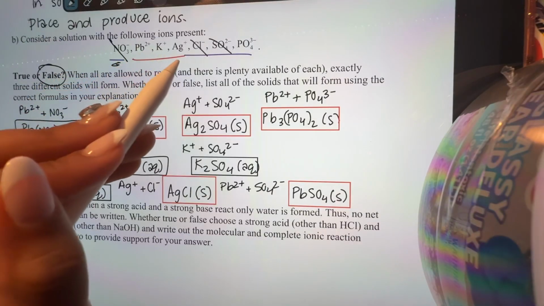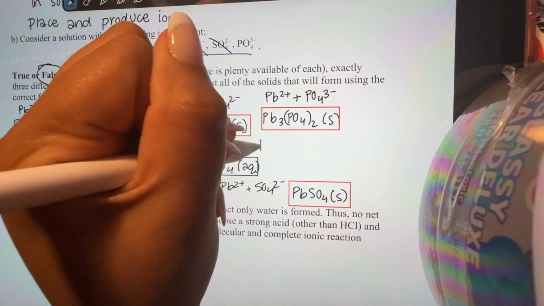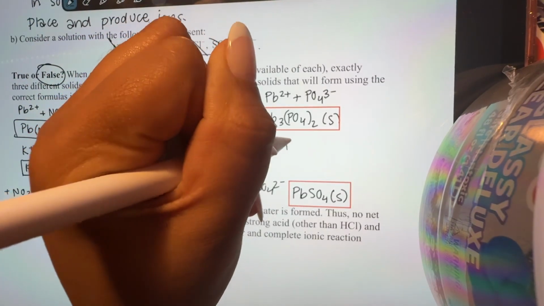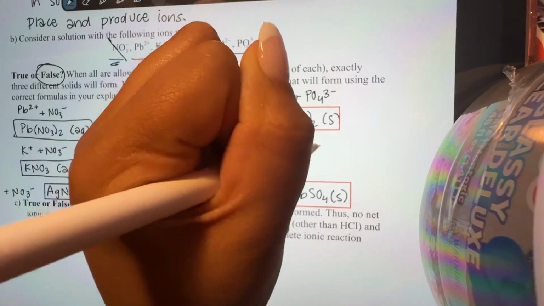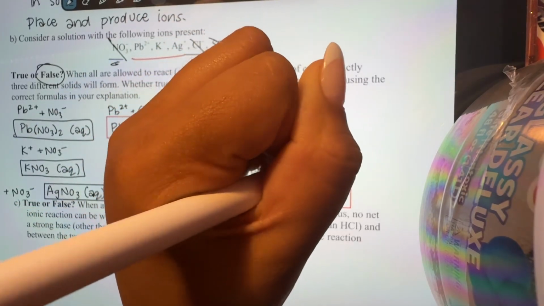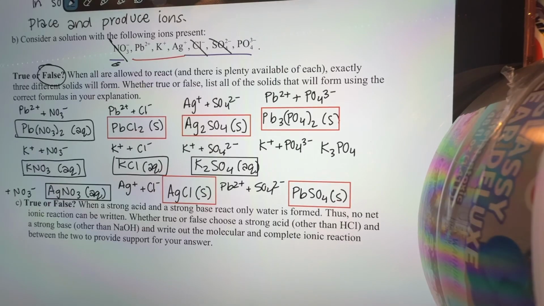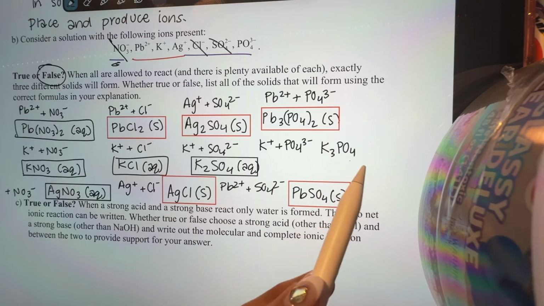Next up is K. So K plus phosphate gives you K3PO4. Now this one's a little tricky because ideally you would use the PO4 rule, like rule 8, and say that since it's a polyatomic ion, it's insoluble, like it has something that's not mentioned in the solubility rules.